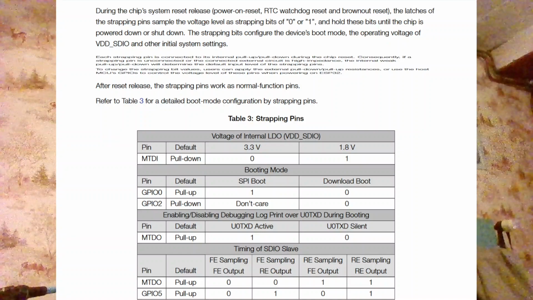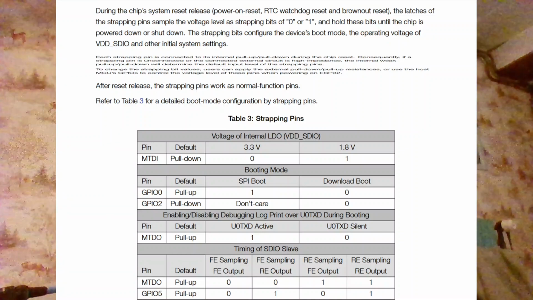Okay, what does the documentation state? During the chip system reset release, so that happens on power-on reset, RTC watchdog reset or brownout reset, the latches of the strapping pins sample the voltage level as strapping bits of 0 or 1 and hold these bits until the chip is powered down or shut down.